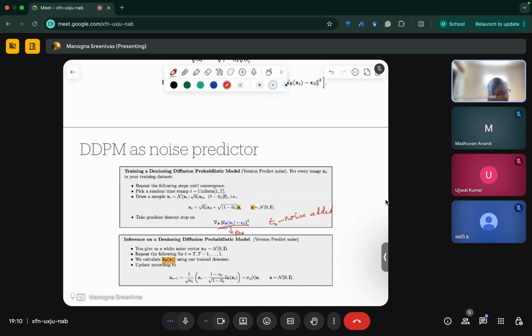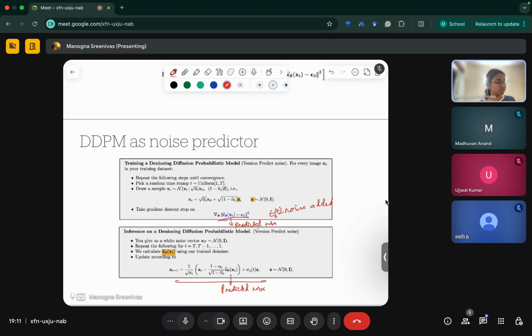Epsilon naught t also would be there. And the equation also slightly changed, which will involve the predicted noise instead of x cap. This is just algebra, there is nothing crazy about it. Rearranging the equations, I think.